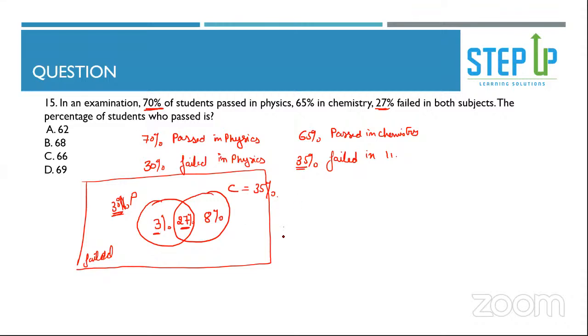So the total number of failed people will be equal to what? 3 plus 27 plus 8, which is equal to 38%. So passed percentage will be equal to what? 100 minus 38, 62% would have passed. Yes, the answer is 62. Done. So let's move on. I hope that's clear.